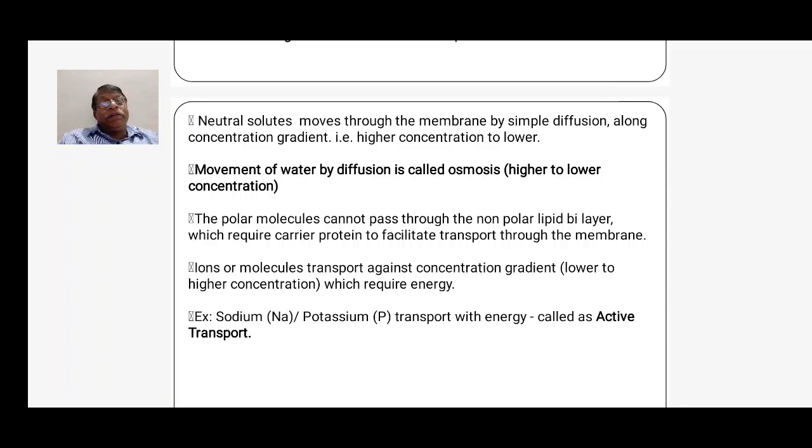Concentration gradient means from lower to higher concentration, which requires energy. This is what we call active transport.